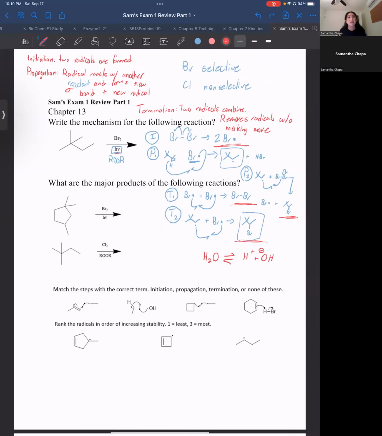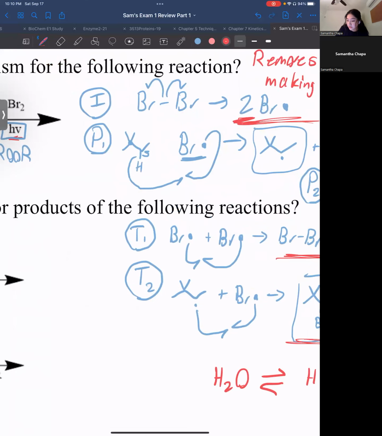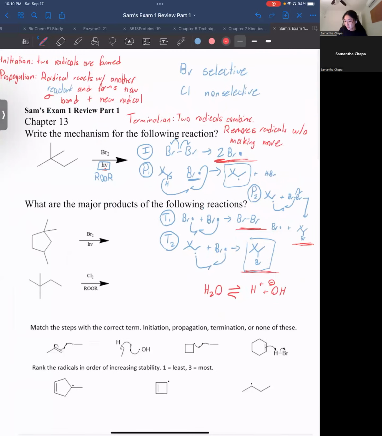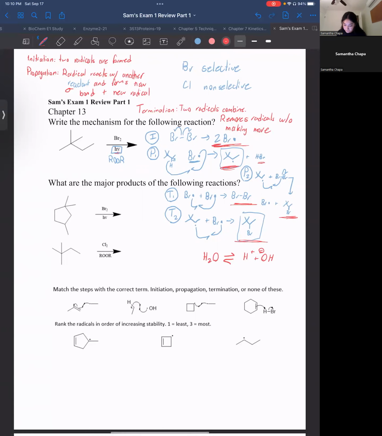So in initiation, 2 radicals are formed. Make sure that 2 radicals were formed and not just one right here and another sigma bond, like for propagation. So just know your terms. That's the most important part, because it all looks weird, but it's just because everything in the solution is happening at once. If things are breaking, things are making. It's very random. Cool. Next one.